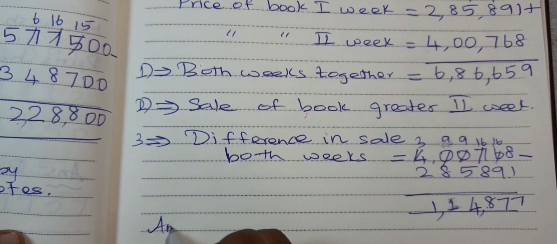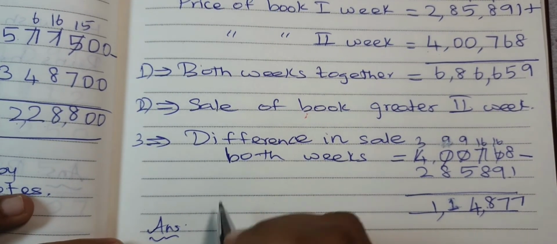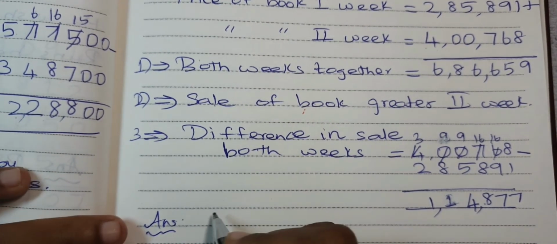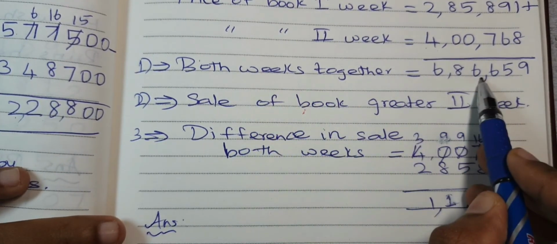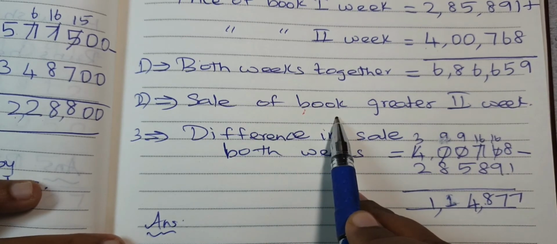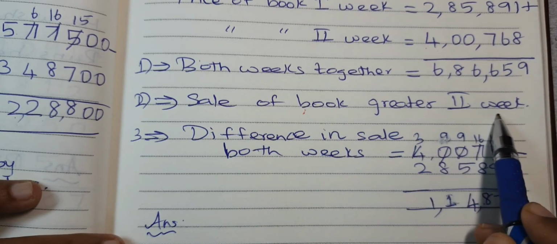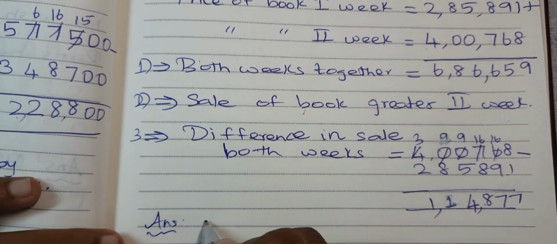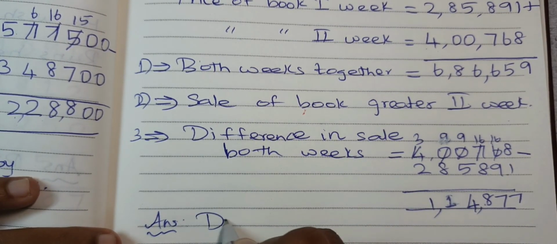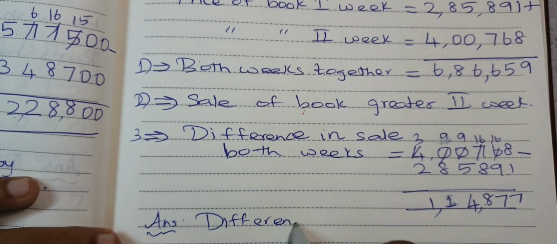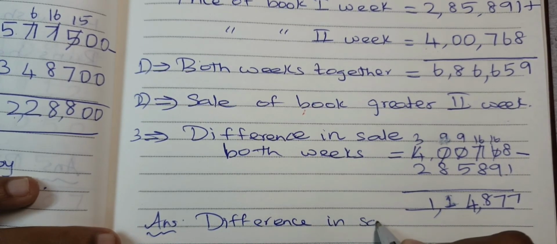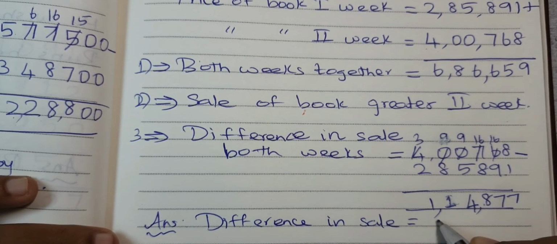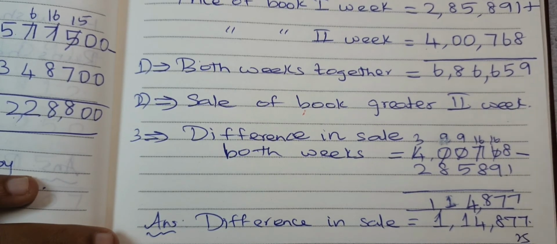So the answer to the first question, both weeks together, is this one. The sale of books: first week or second week is greater? We have checked it is the second week. Now the difference in sale in both weeks, by how much? The difference in sale is 1,14,877 rupees.